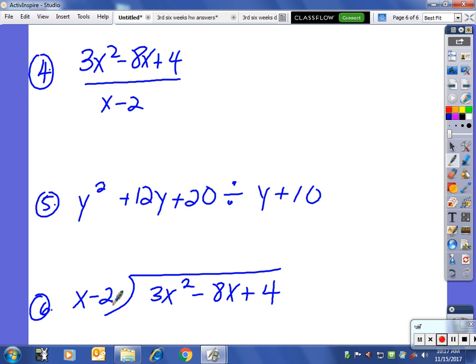Alright, so here's the 3 ways you might see a division problem represented. You've got to put it in the right order on 5 and 6. And then factor away and see if something cancels.